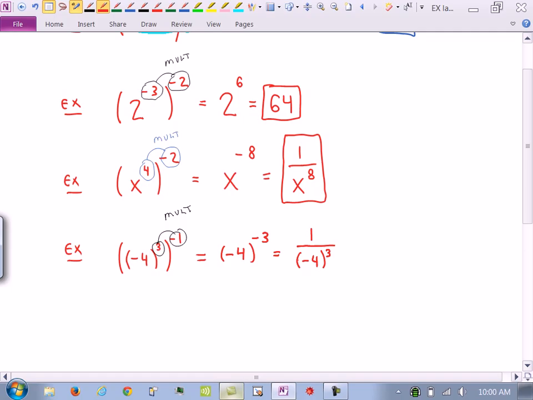What's negative times negative times negative? So -4 times -4 times -4. The first two multiply to be +16 times -4. So -64. So 3 negatives multiply out to be a negative. So the bottom is really just -64. 1 over -64. All done.